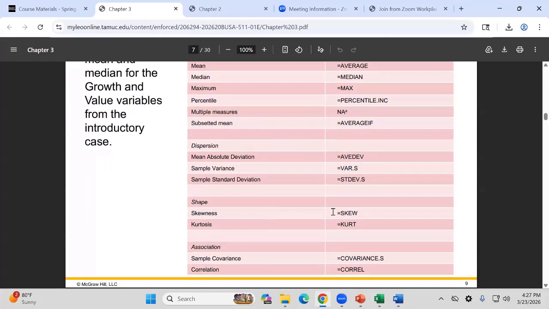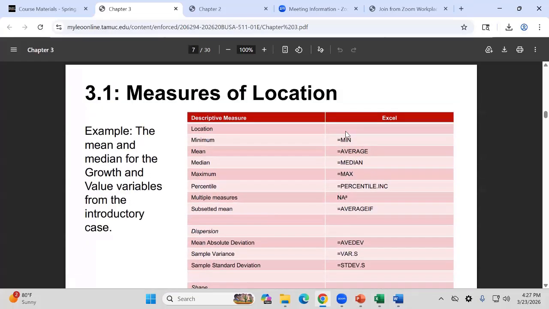This chart shows how you can implement the Excel functions to calculate different factors about the data set. I will not go over this. You can try it out at home. Very intuitive to understand, right? For example, if you want to calculate the mean value, you use average.